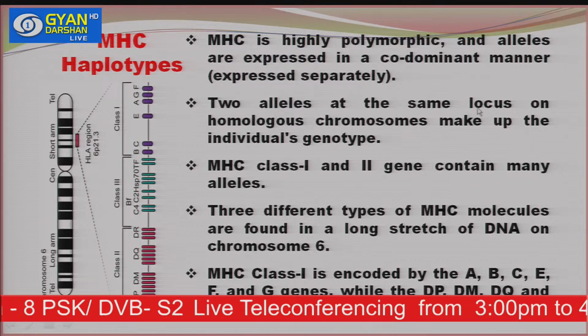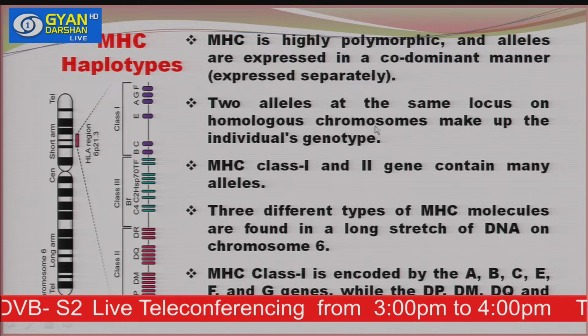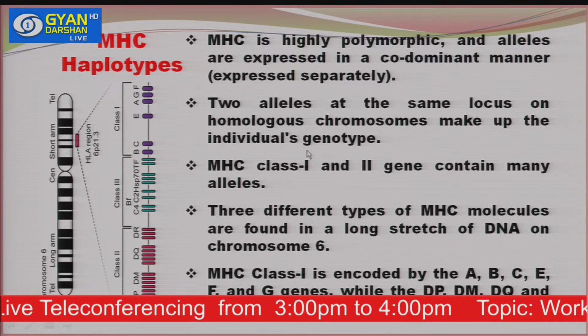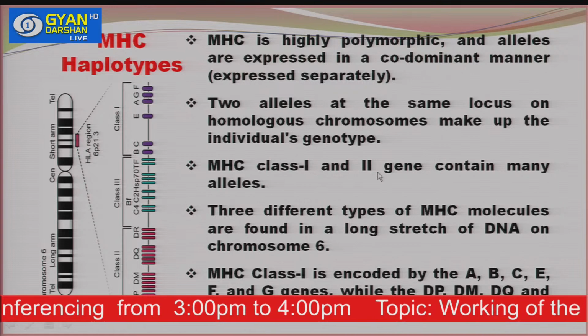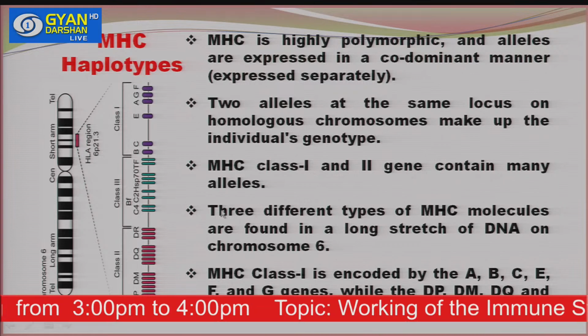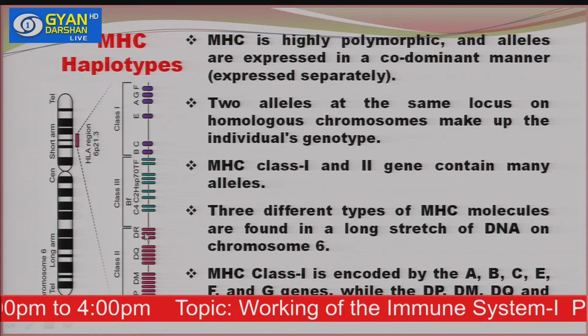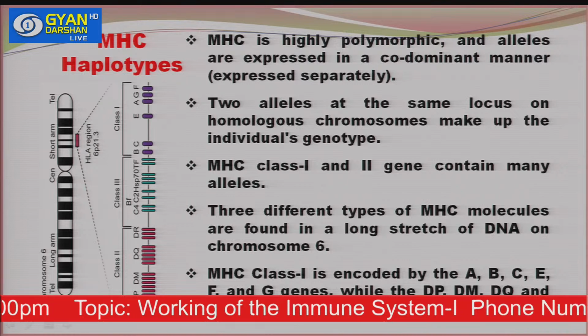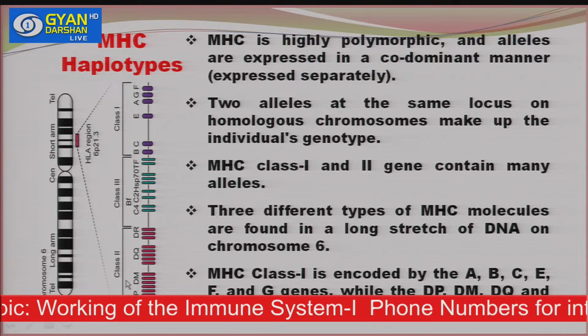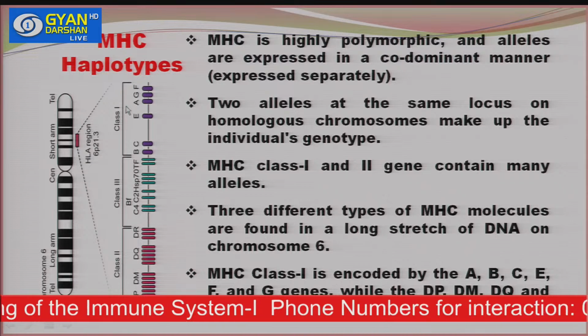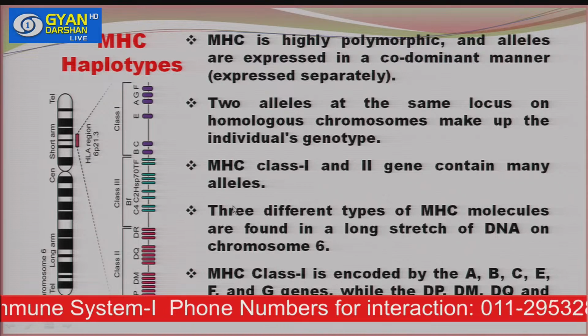The two alleles at the same locus on the homologous chromosomes make up the individual genotype. MHC class I and class II genes contain many alleles. You can see here the number of alleles present on the chromosome which are responsible for the class I and class II MHC molecules.